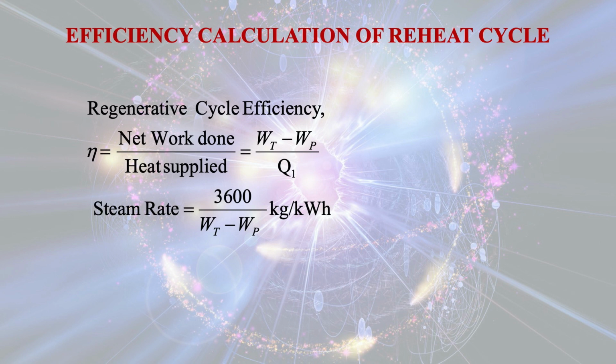But the steam rate is equal to 3600 divided by (WT minus WP) kg per kilowatt hour, because steam rate is how much steam is required per kilowatt in an hour. So steam rate is equal to 3600 divided by (WT minus WP) kg per kilowatt hour.